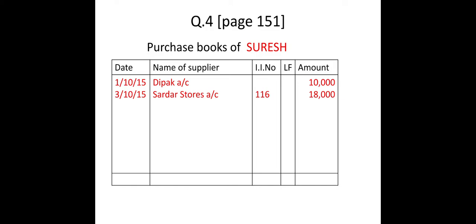Now student, you know very well the rules of subsidiary books, particularly the purchase book, that in purchase book we can record transactions related to buying of goods; buying of assets we cannot record. Clear? That is not permitted. Okay, so all assets related transactions cannot be recorded here. So leave it. Transaction dated 20 is also not recorded here.